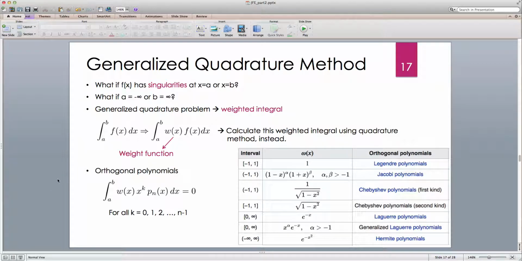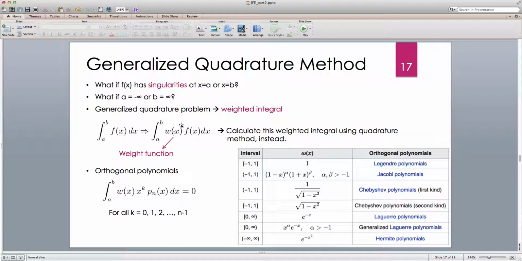So what we need to do is define a weighted integration. The idea is that instead of integrating f of x dx from a to b, we integrate from a to b w of x f of x. This is extremely important when we're dealing with the discontinuities of f that go to infinity.